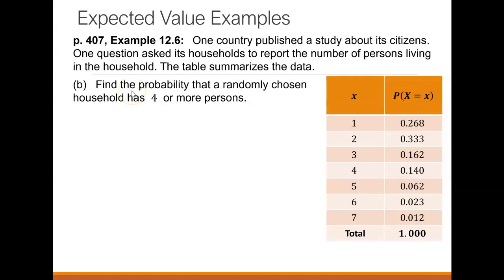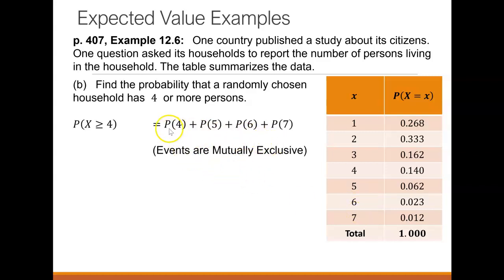Find the probability that a person randomly chosen from a randomly chosen household has 4 or more persons. So 4 or more means you could have 4 people, 5 people, 6 people, or 7 people. So I'm going to do the probability of 4 plus the probability of 5 plus the probability of 6 plus the probability of 7.